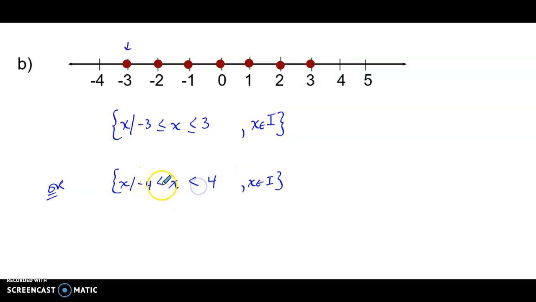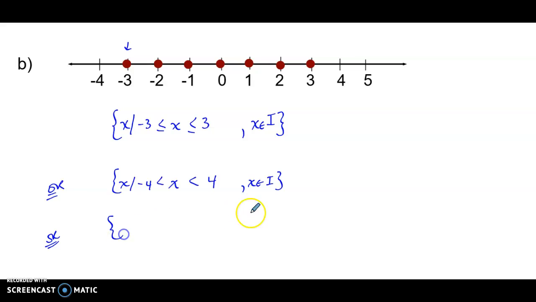Here I'm saying all of the numbers are going to be integers. -4 is smaller than any integer in the list, but not equal to. So -4 is the smallest integer, but don't include the -4. 4 is the largest integer, but don't include the number 4. So this is really, what are all the integers between -4 and 4, but don't include those two numbers. So -3, -2, -1, 0, 1, 2, 3 are all the integers between but not including -4 and 4.